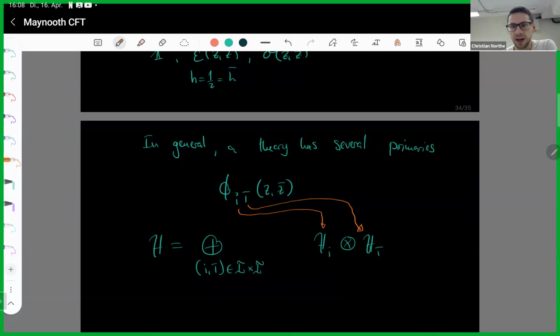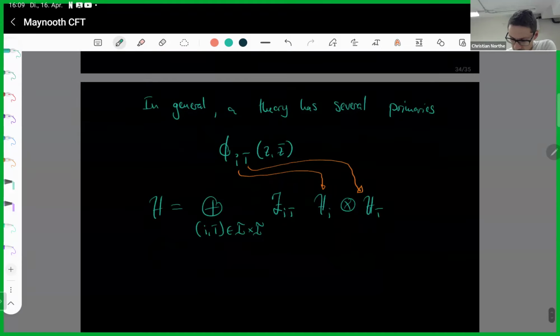So this field phi I, I bar is basically giving you a tensor product of two irreducible representations. And it can happen that the same field occurs more than once. It can occur several times, I and I bar.